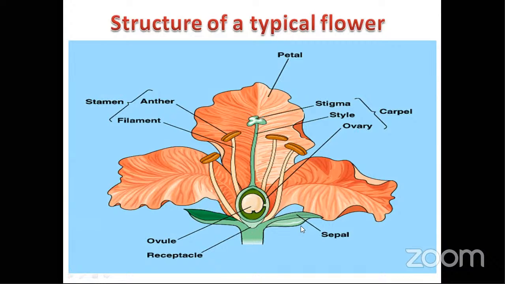From outside to inside, the sepals, then petals, then stamens, then carpel. This is the female reproductive part. Here the pollen will land, and this is the ovary. Inside the ovary you can find the ovule, and this is the holding position, that is the receptacle. Stigma, style and ovary together constitute the carpel, that is the female reproductive organ. And the anther and filament together constitute the stamen, that is the male reproductive organ.